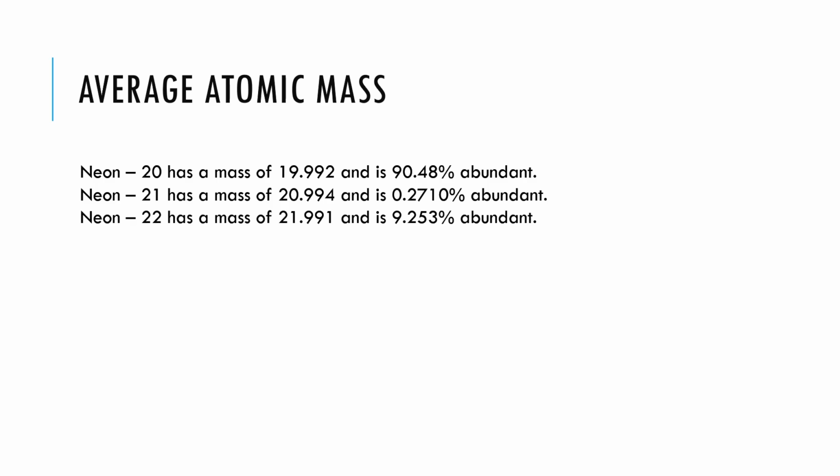What we're going to do is take the mass of our first isotope, 19.992 AMU, and then multiply it by 90.48%, and we divide by 100. Now that is our first isotope. We're going to do our second one now.